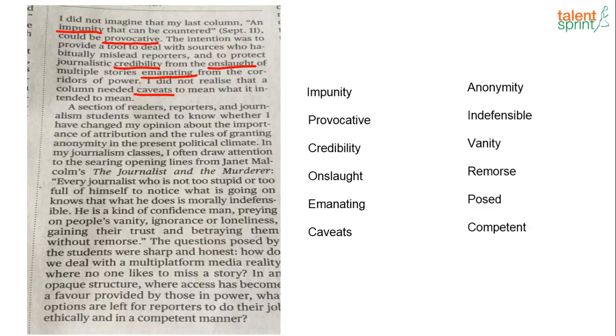Now we know that this person who has written the article is talking about a previous article that he had written, and the title of the article was An Impunity That Can Be Countered. Now, what does the word impunity mean?